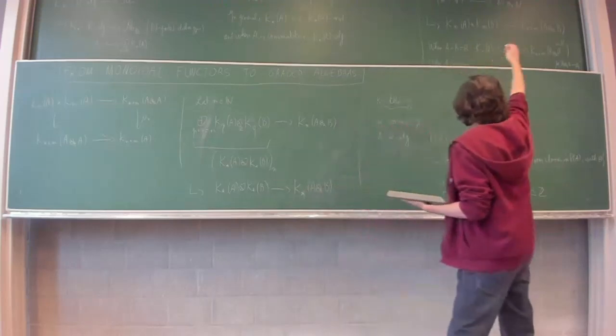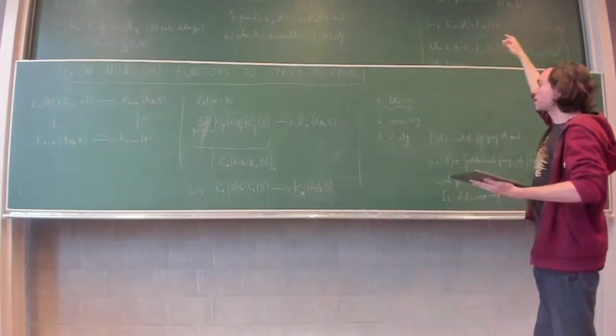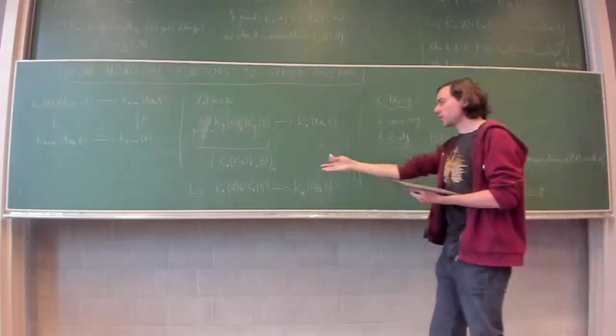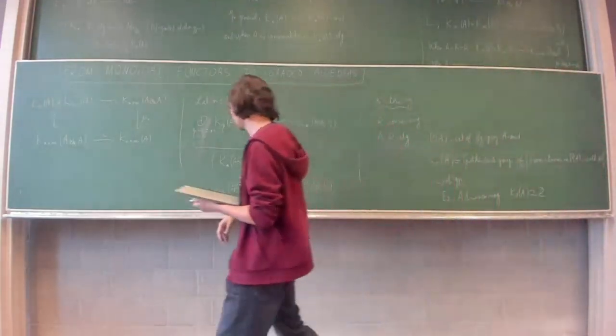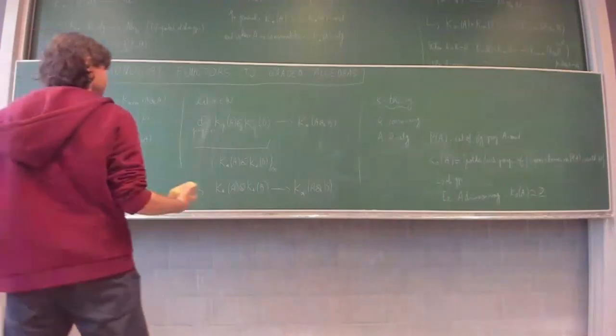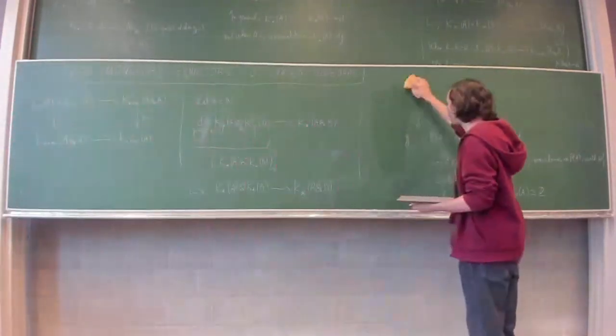So that's the definition of the tensor product of graded objects. The fact that this ring structure on K-theory just comes from the fact that K-theory is a monoidal functor.